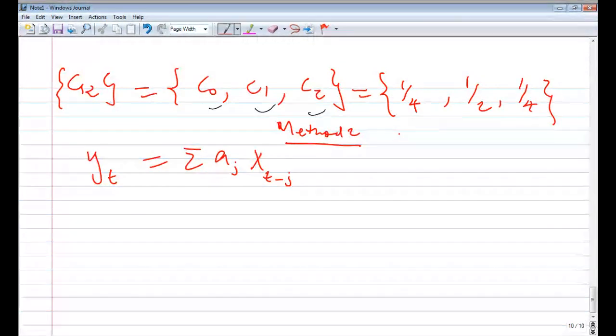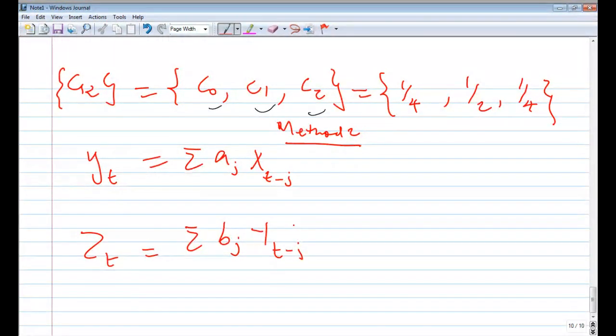The other series is Zt, which is the sum of Bj Yt minus j. Those are the two equations, or two time series, that you have to consider when you want to calculate the weights. So now let's start with the first one.